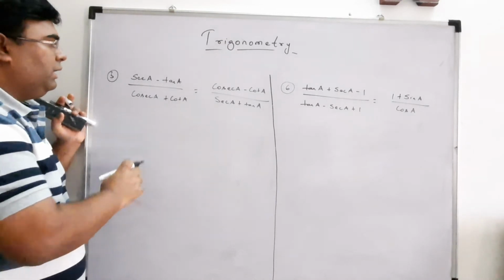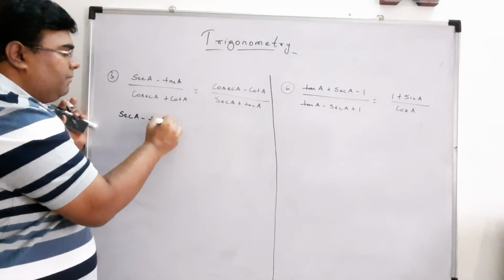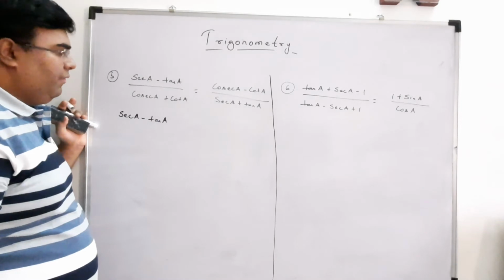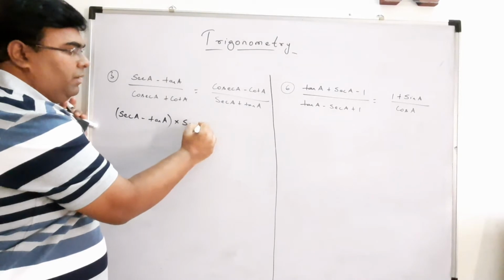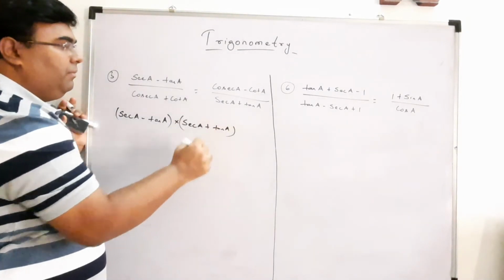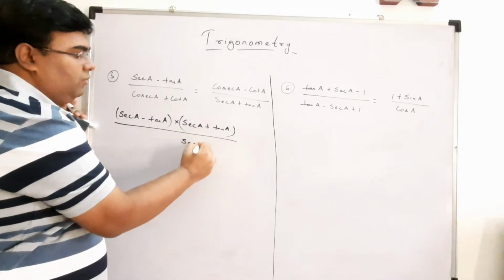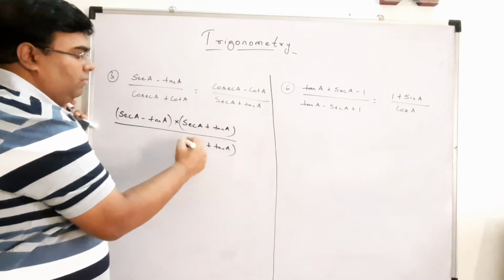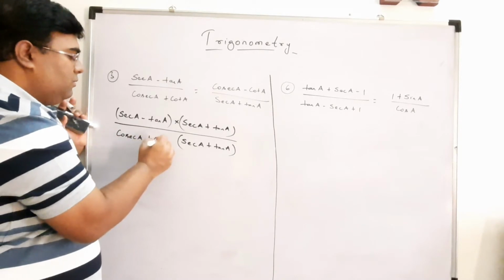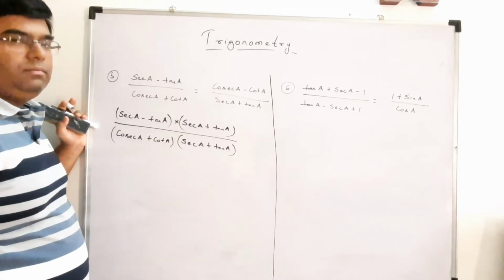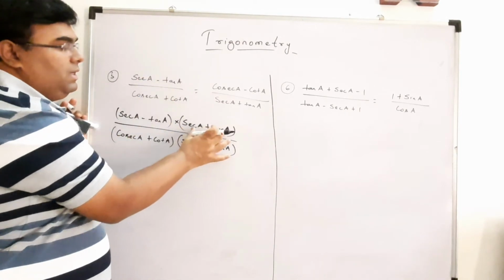I am using it like this: sec A minus tan A, we can multiply this by sec A plus tan A, and if we multiply, we will divide also, so you get cosec A plus cot A.